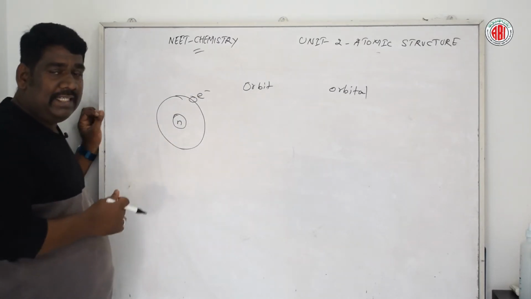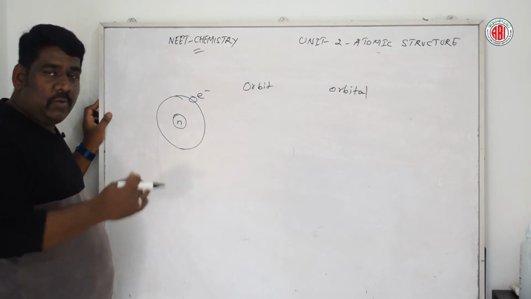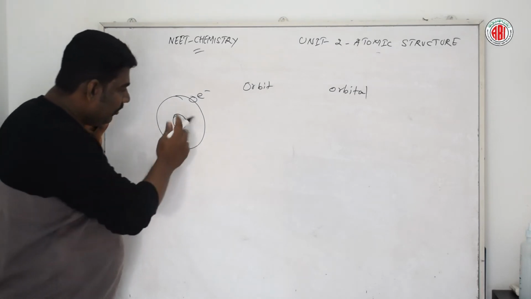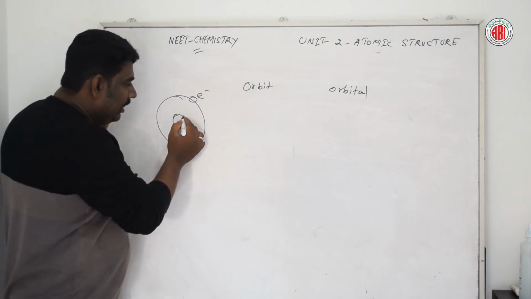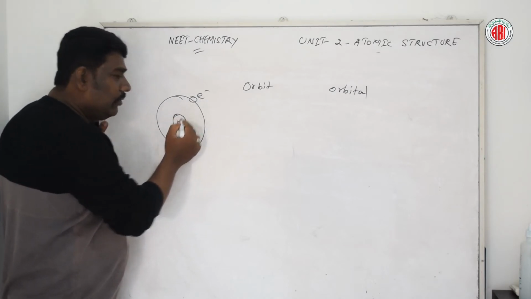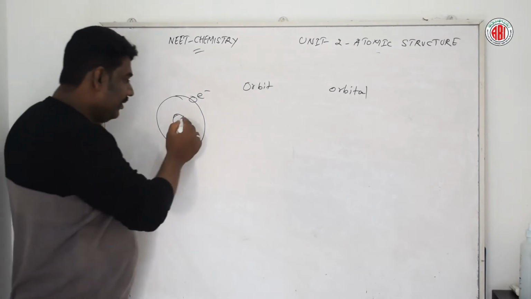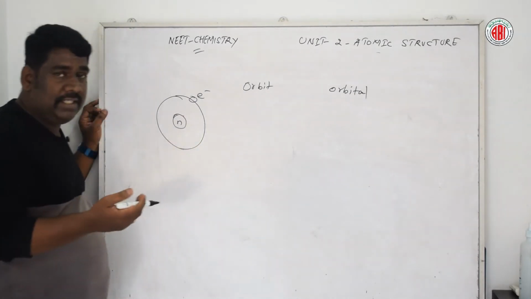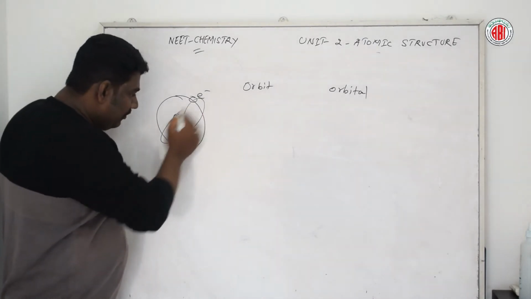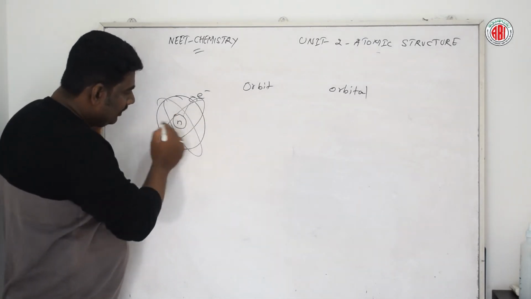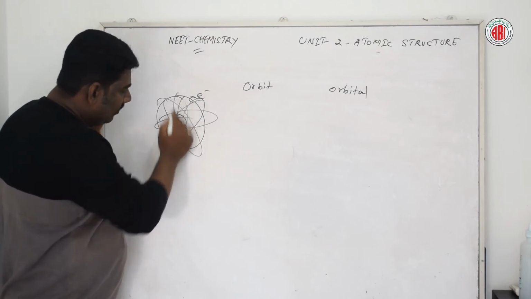Orbital is the region in the space around this nucleus, this entire space. Here the possibility of finding the electron is maximum, because the electron may move in any direction, but according to Bohr's model it is a definite circular path.